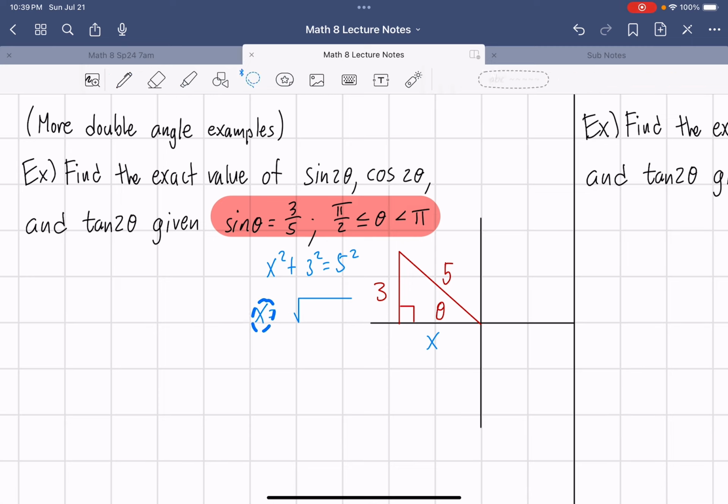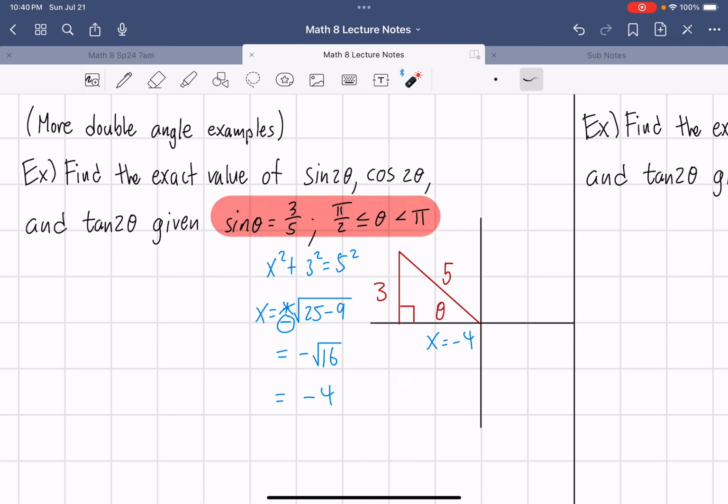Now, because we are in quadrant 2, we know we're going to be working with the negative. So that's going to be 25 minus 9, which is going to give us negative square root of 16, and that's going to give us negative 4 for the x. Right? That's what we can do with this given information.